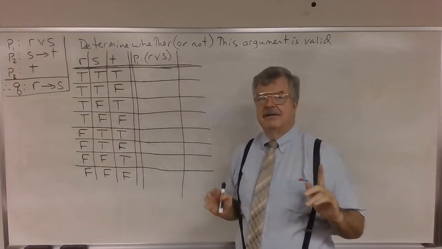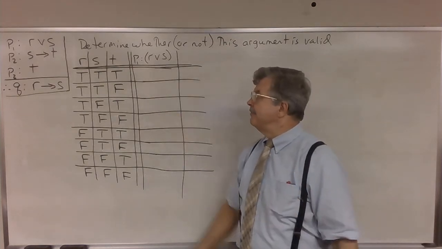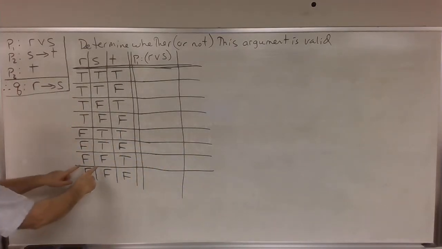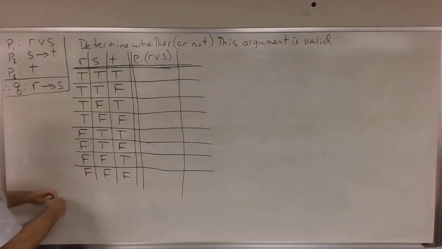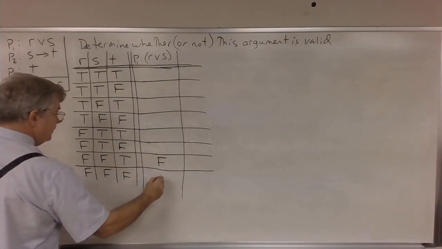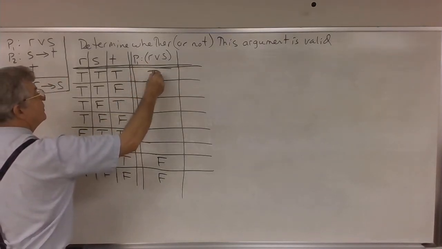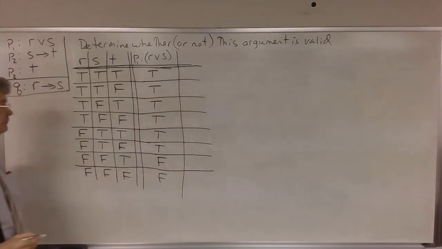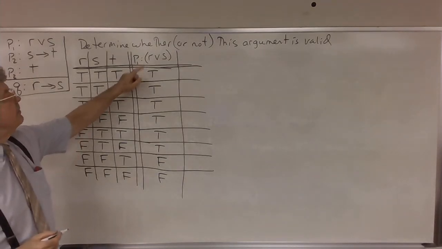So we're going to look for situations where both R and S are false. Does that happen? Yeah, right here and right here, R and S are both false. False, false. Every other place, the statement R or S is going to be true. We don't even have to think about it. Wonderful. So we got our first premise done.